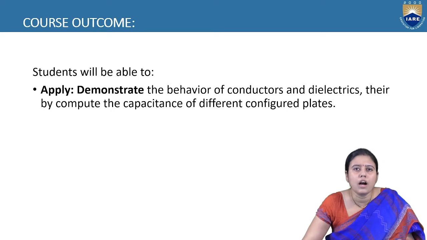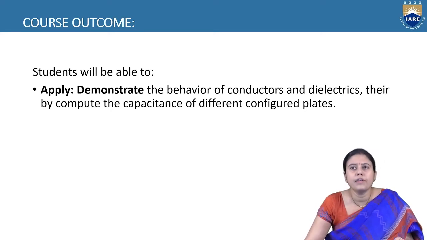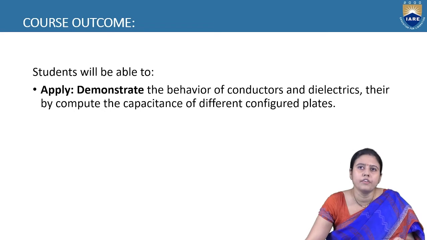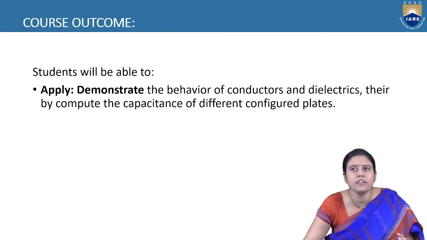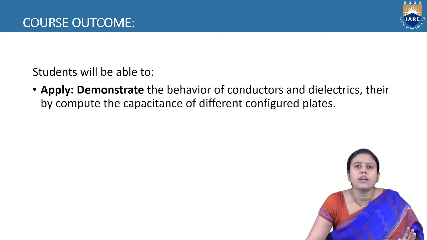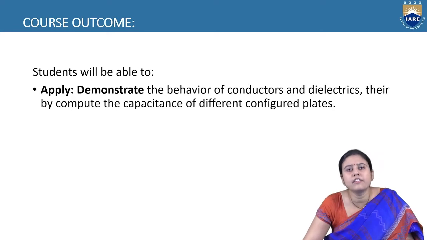So, the course outcome of this is to demonstrate or apply the behavior of conductors and dielectrics, and therefore we can compute the capacitance of different configured plates. In electrical engineering, resistance, capacitance and inductance are the main three components.